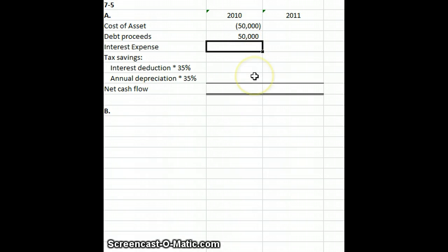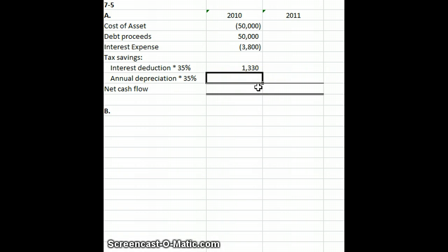My interest expense in the first year, which is going to be deductible, is $3,800. Okay. My tax savings is going to be my interest deduction, $3,800, times my marginal tax rate of 0.35. So I have a tax savings of $1,330 the first year.